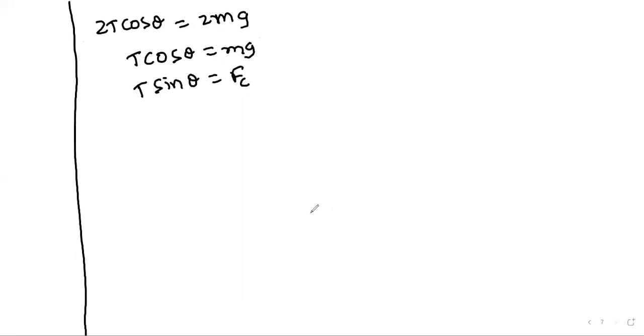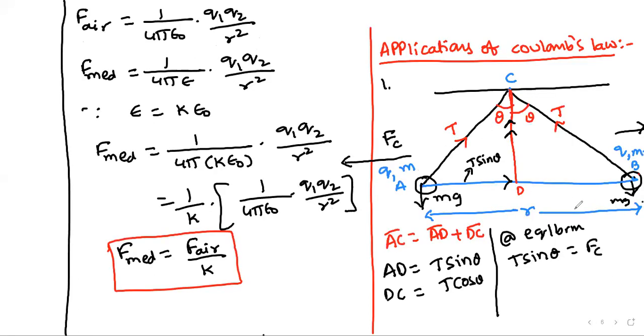FC is 1 by 4 pi epsilon naught Q1 Q2 by R square. Here both Q1 and Q2 are same, so Q square, separation distance R, so R square.